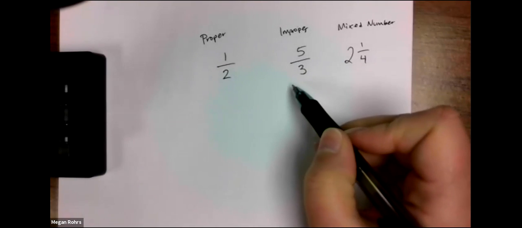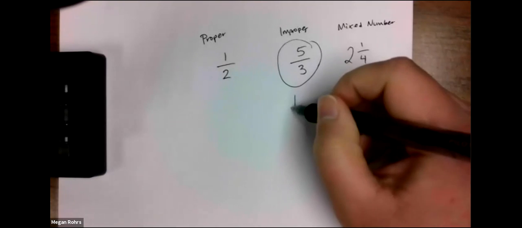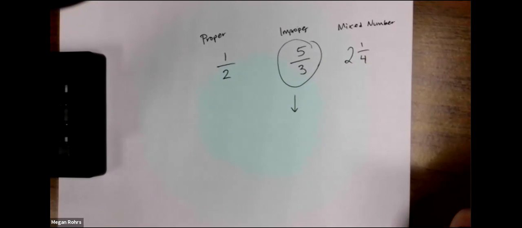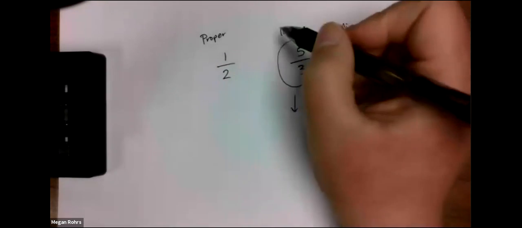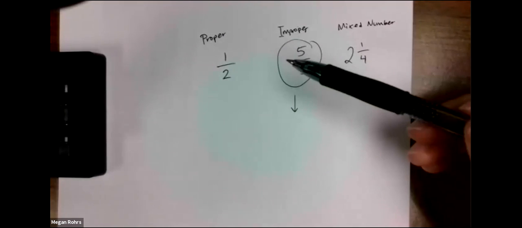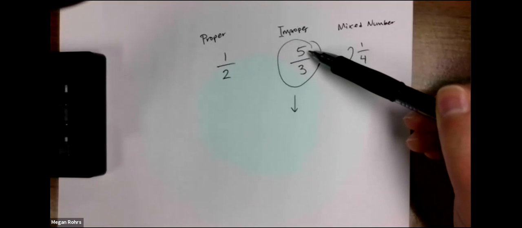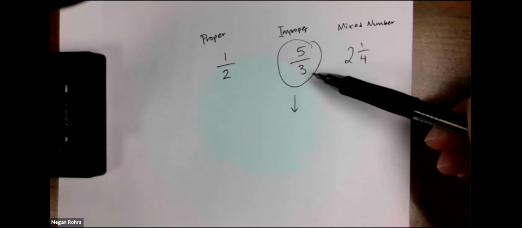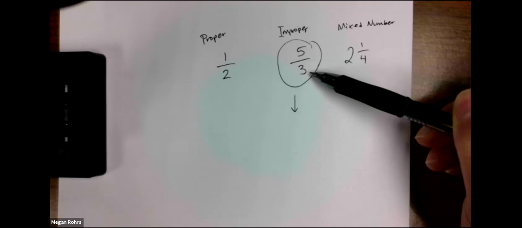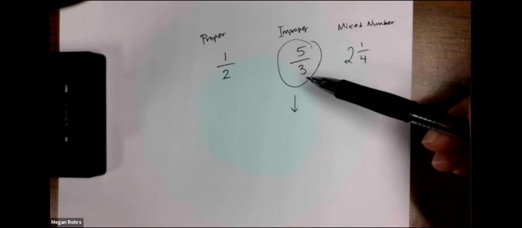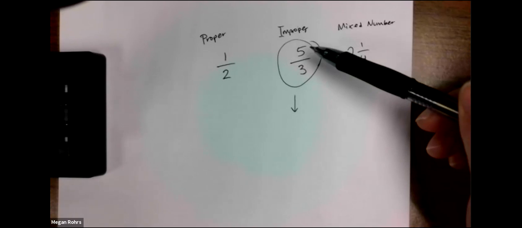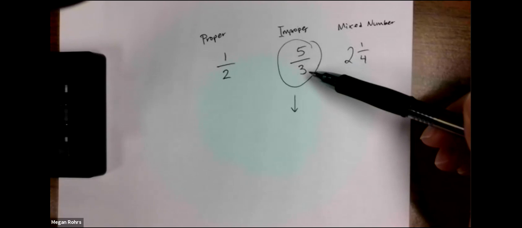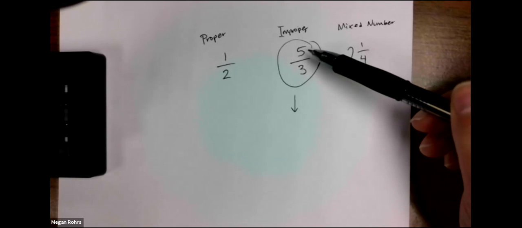If I wanted to change 5/3 into a mixed number, where we start, we always take the numerator and we divide that by the denominator. Like I said, a fraction, you can always look at it as a division problem. So first we want to see how many times does 3 go into 5?